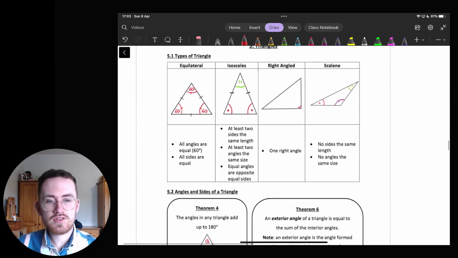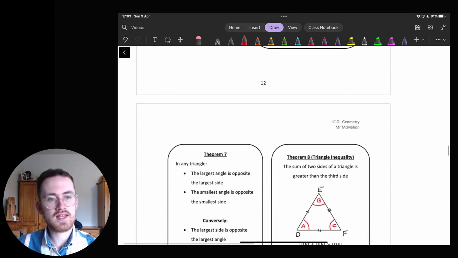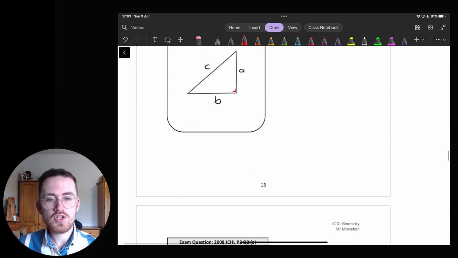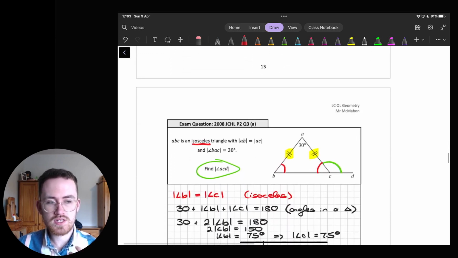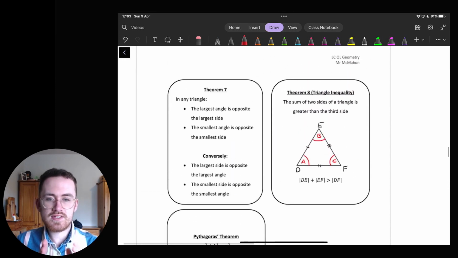And then your different types of triangles and the different theorems that are important with your triangles and how they relate to, again, the angles and the sides of your different triangles. So it's important that you're happy with all of those different points, that you're able to put those into practice. And again, a lot of them are familiar to us, maybe just haven't seen them laid out in this particular way before. So it's just taking the time to go back over those, practice some of the questions, and get familiar with them in that way.